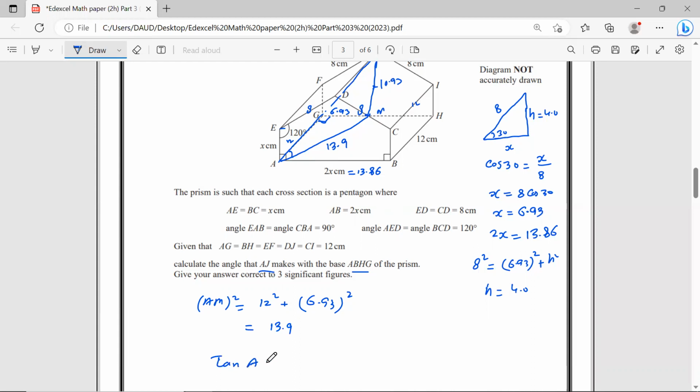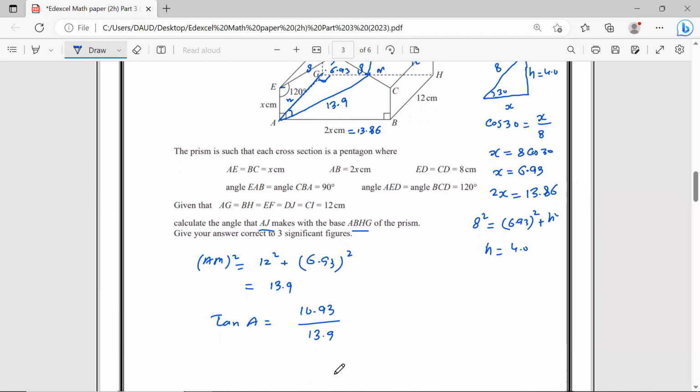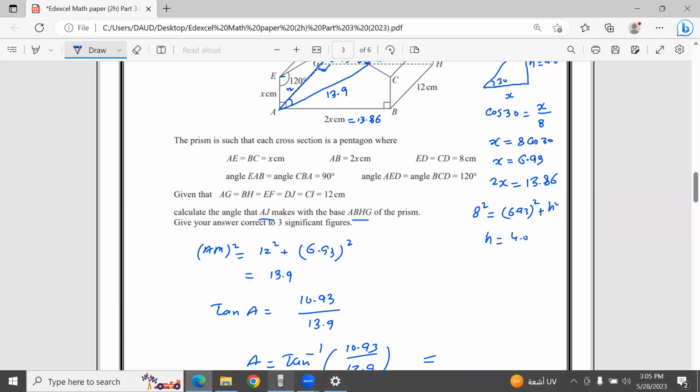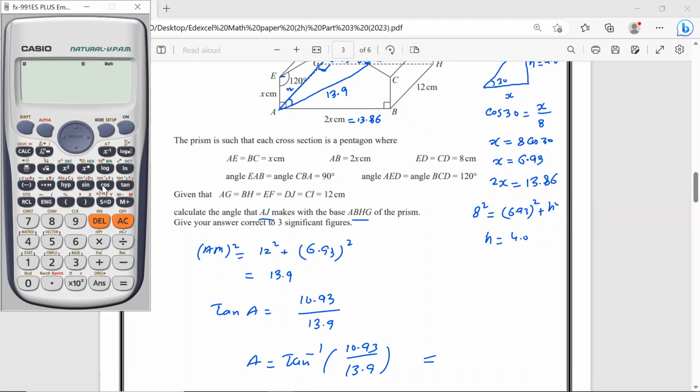We can say that tan A is equal to 10.93 over 13.9, and A equals tan inverse 10.93 over 13.9, which gives me, we can check here, shift tan, bracket open, 10.93 over 13.9, bracket close, equal 38.2.